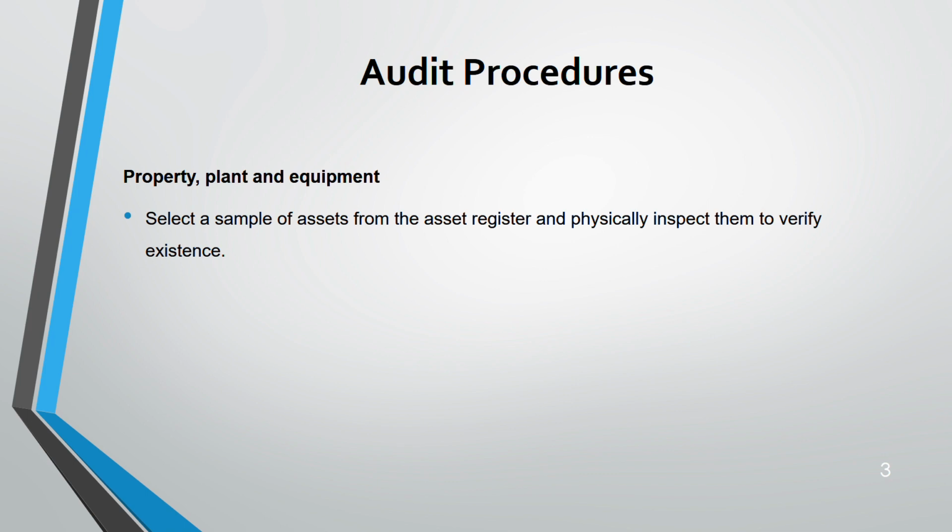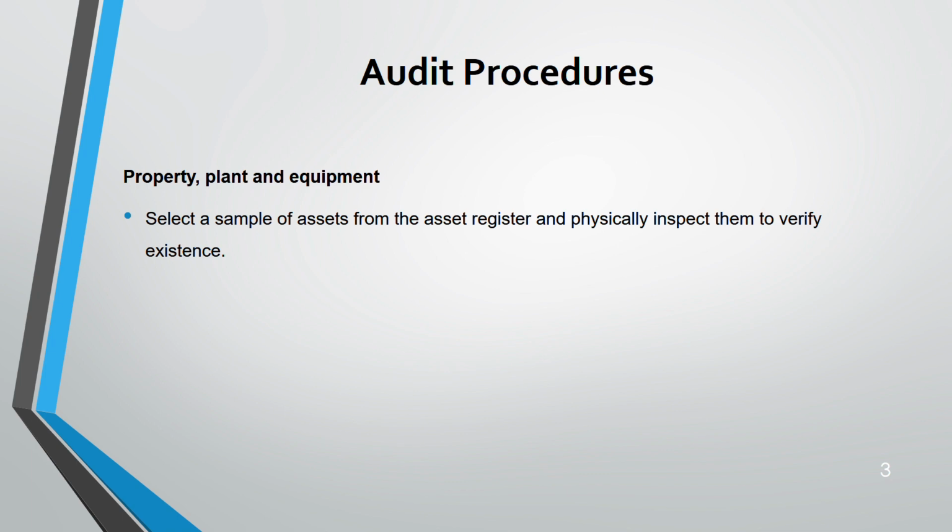Because provision is a thing which is an estimate. You cannot take a sample of it. But assets, yes, you can. It is something which is objective. You can verify it. You can take a sample. If you have 10, 20, 30, 50, 100 assets, you can just take 5-6 samples and test. It depends on the type of the asset that you are having, the type of the element. So asset, yes, you can take a sample.